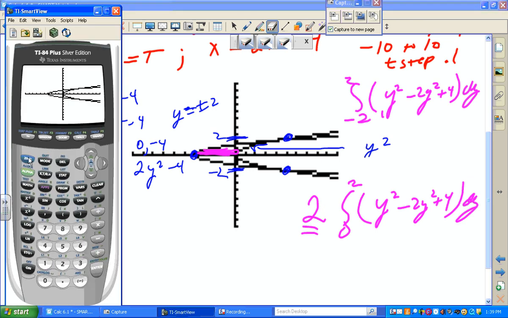If you had to do it, second quick, you go to math 9, and I would type out 2 math 9, negative, I would simplify it a little bit, negative t squared plus 4 comma t comma 0 comma 2.